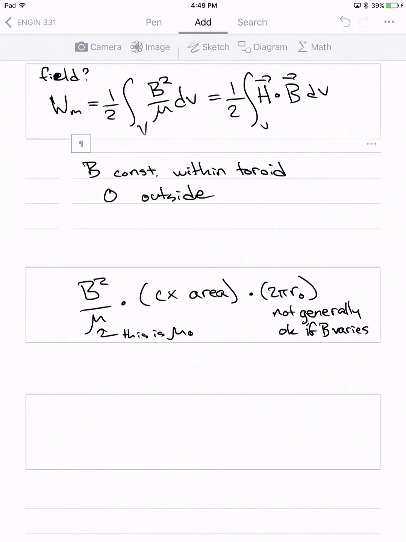All right, but since in this case B does not vary, then we have, oh, I'm sorry, and that should have a 1/2 in the front. I dropped my 1/2. In that case, we have 1/2, 1 over mu naught, times this whole quantity squared, mu naught N I over, sorry, that's a 2 pi R naught.